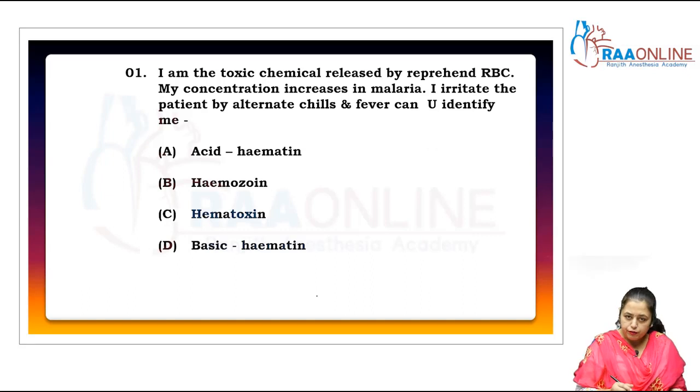So now come to the first question. See, I am the toxic chemical released by the infected RBCs, right? My concentration increases in malaria. I irritate, that I is the causative organism actually, right? So I irritate the patient by alternate chills and fever.